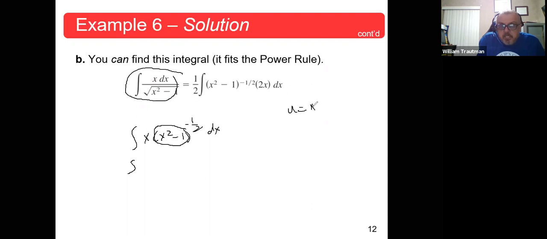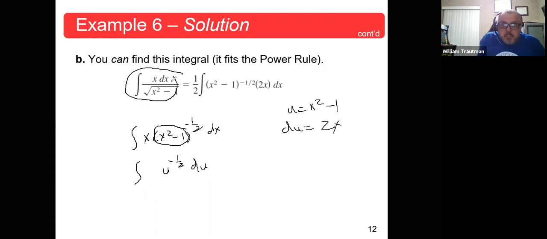U equals x squared minus 1, so the derivative of u equals 2x. So I'm reintegrating this. Just want to show you to clean it up a little bit. This is just the standard power rule. I end up with u to the negative 1/2 times du. Once again, du is 2x.